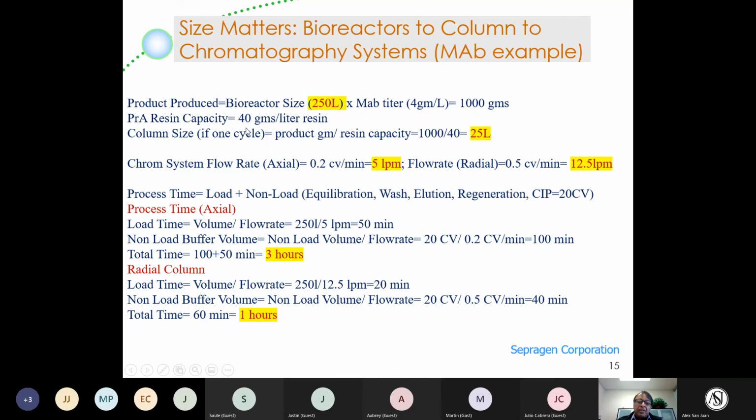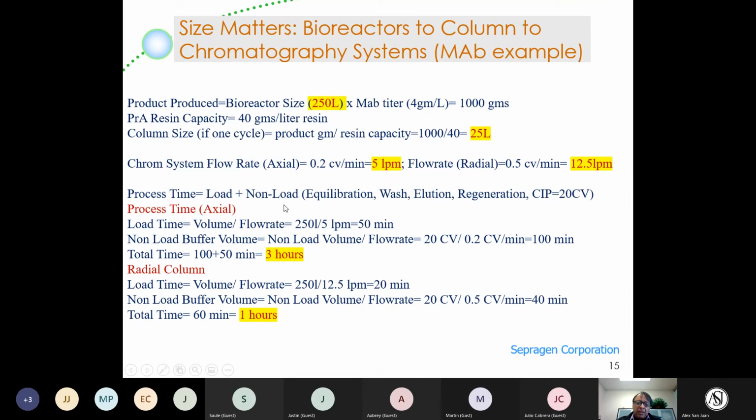If you have protein A capacity of 40 grams per liter, then you need a 25-liter column. In a typical axial column, with a 5-minute residence time at 0.2 bed volumes per minute, you're running at a flow rate of 5 liters a minute. In a radial flow column, you'd typically run half a bed volume a minute, so your residence time would be 2 minutes, and your flow rate would be 12.5 liters per minute.